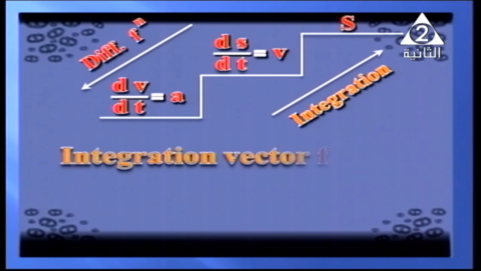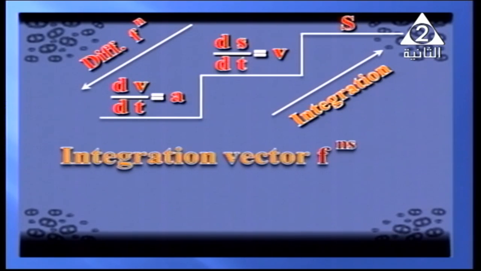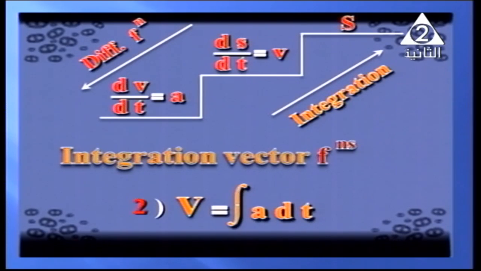Integration of a vector function: S equals the integration of v with respect to time t. The given is velocity, the required is s, so we use integration. Why? Because s equals the integration of v with respect to time t. Also, V equals the integration of A with respect to time t. Velocity is the integration of acceleration with respect to time t.